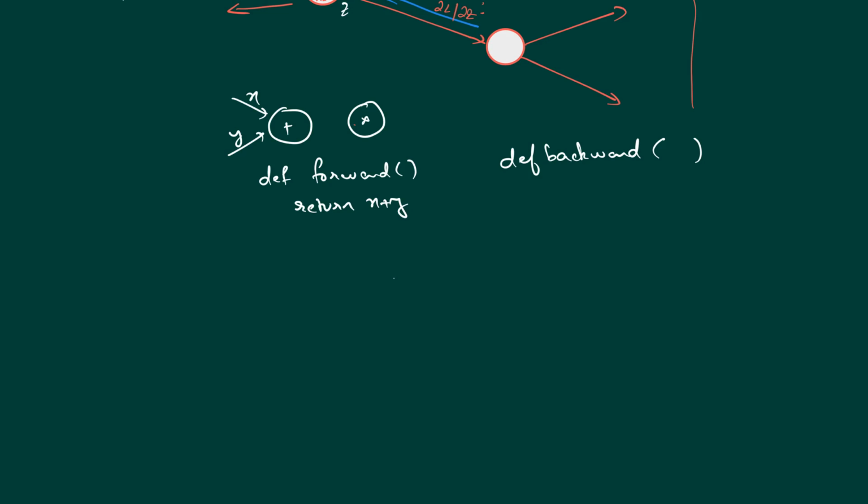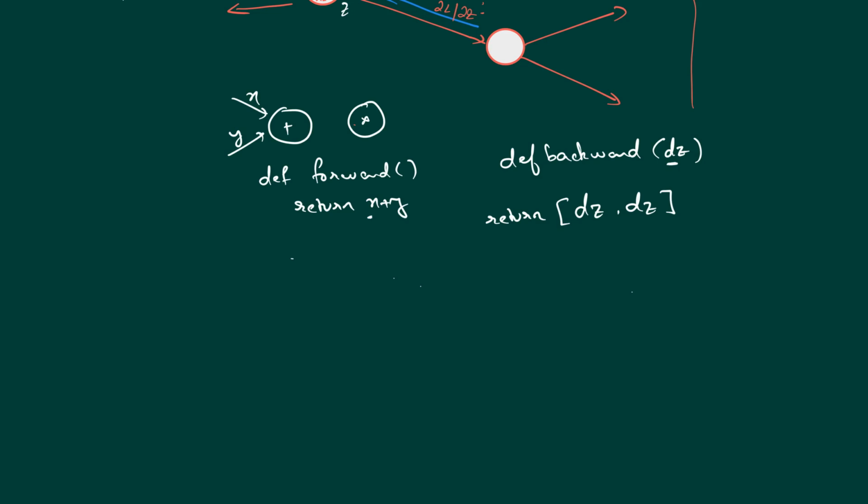This is just pseudocode. The backward function is going to take in the input coming from the back direction, which is going to be dz, and multiply dz with the local gradient. In this case, the local gradient with respect to x is 1, and multiplied by dz, it's going to be dz. Similarly for y, the local gradient is 1 multiplied by dz, so it's dz. And it's going to return this.